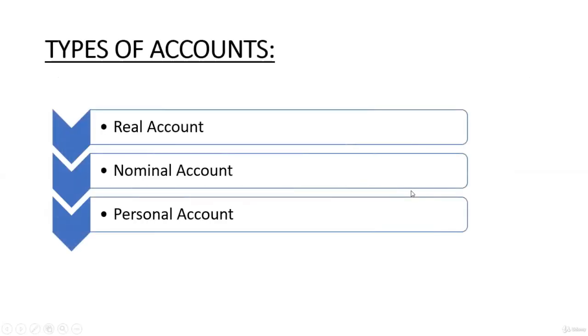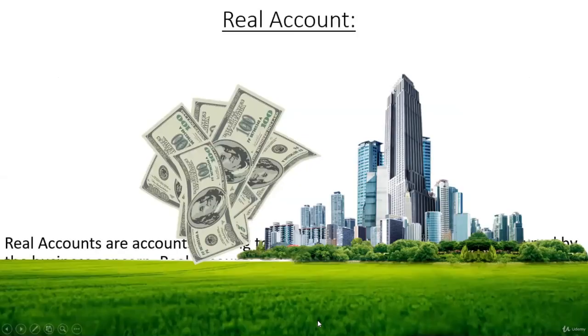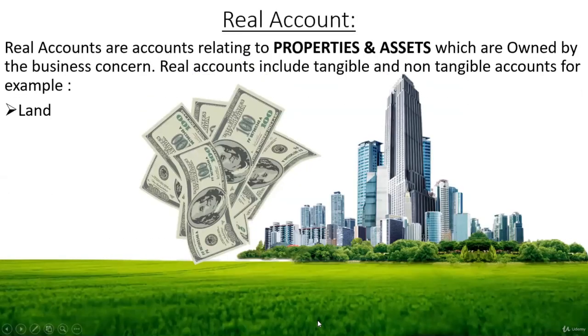Now we'll be understanding the types of accounts. In accounting, we have three types of accounts, that is real account, nominal account, and personal account. Real accounts are those accounts that directly relate to the properties or assets of a business concern. Now, real accounts include tangible and intangible accounts.